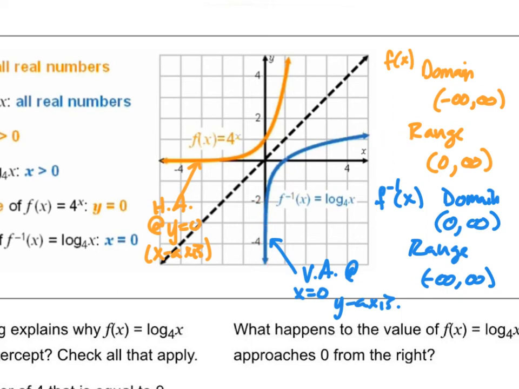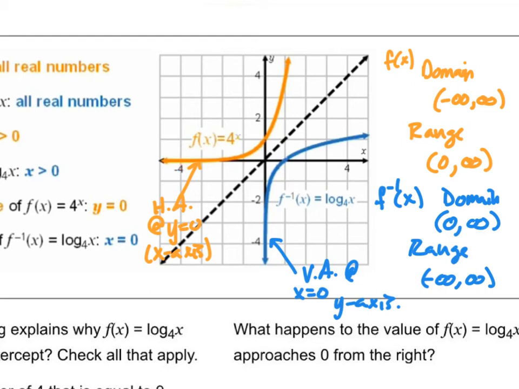And you have to go back to this function up here. The reason why this doesn't have a y-intercept is because your exponential function doesn't have an x-intercept. So when you look at this function, you're like, okay, this doesn't cross the x-axis. So its inverse doesn't cross the y-axis.